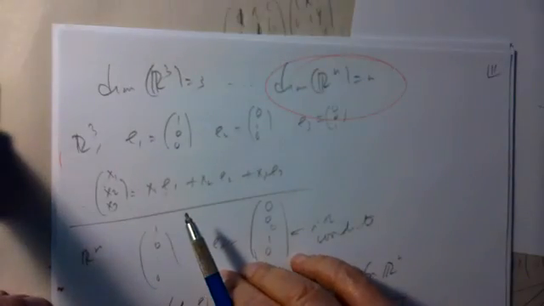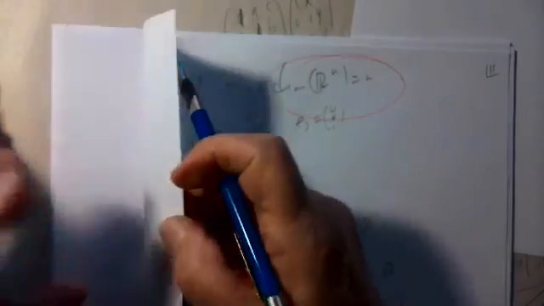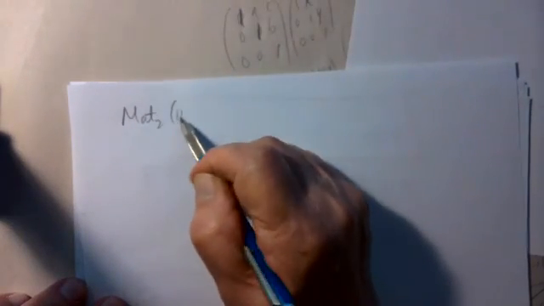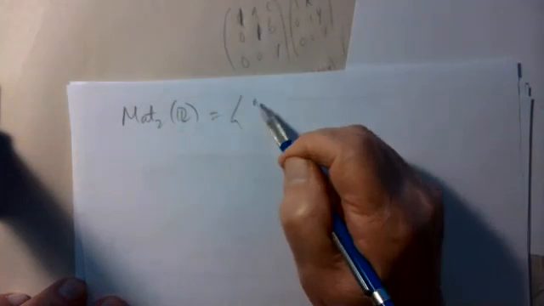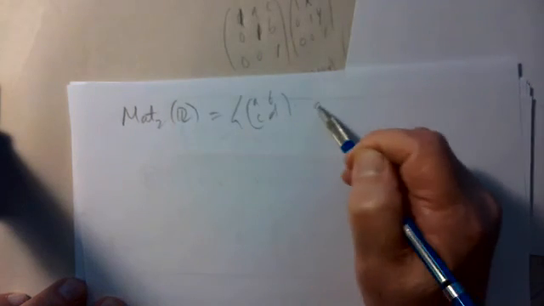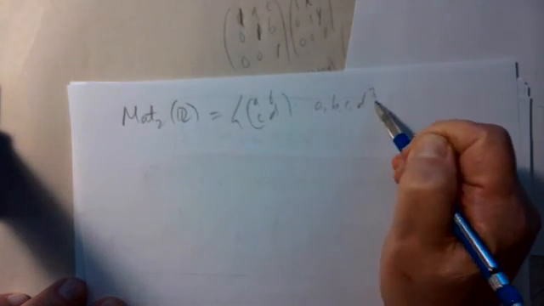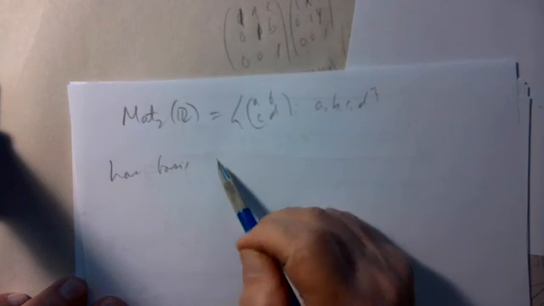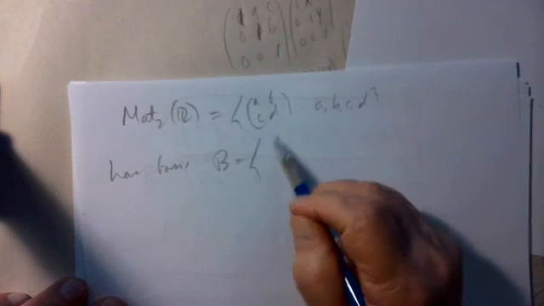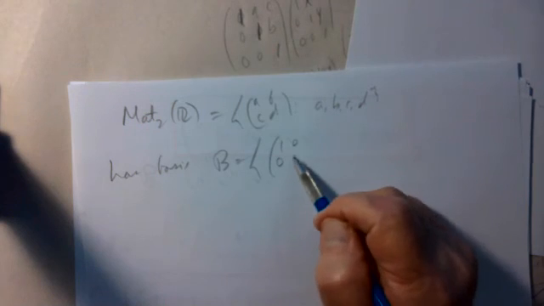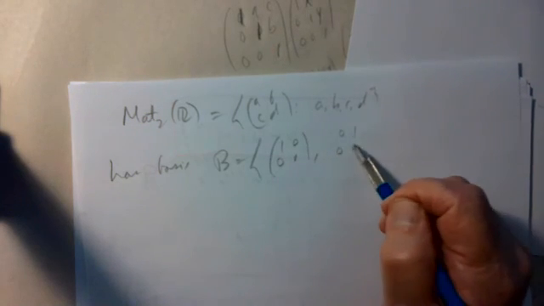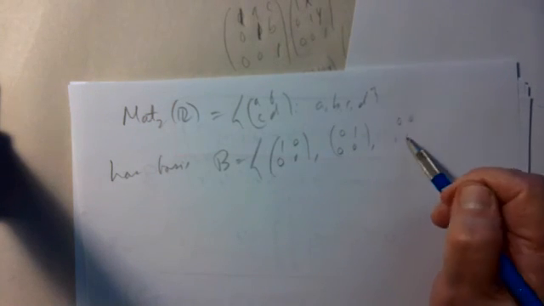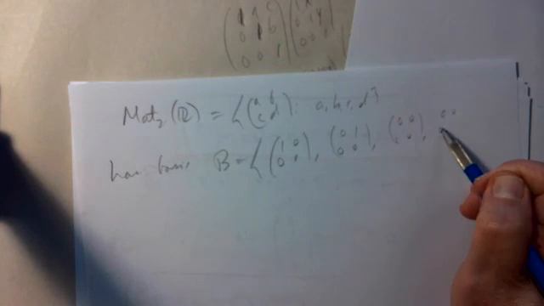If you took the vector space of 2 by 2 matrices, right? So this is all matrices with entries a, b, c, d. This has as sort of an obvious basis the four matrices (1, 0, 0, 0), (0, 1, 0, 0), (0, 0, 1, 0), and (0, 0, 0, 1).